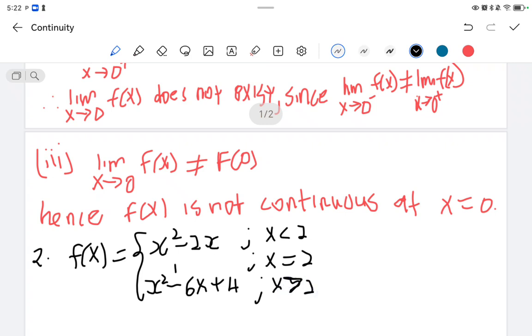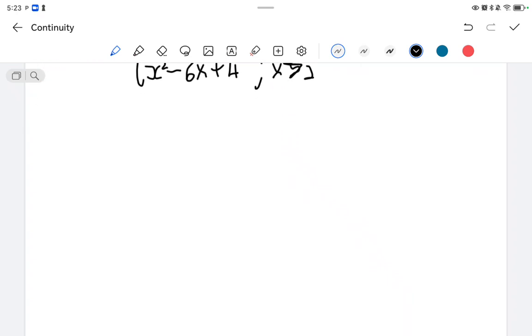We see, right? Now they say we must check whether it's continuous at x equals 2. We're going to do the same thing.